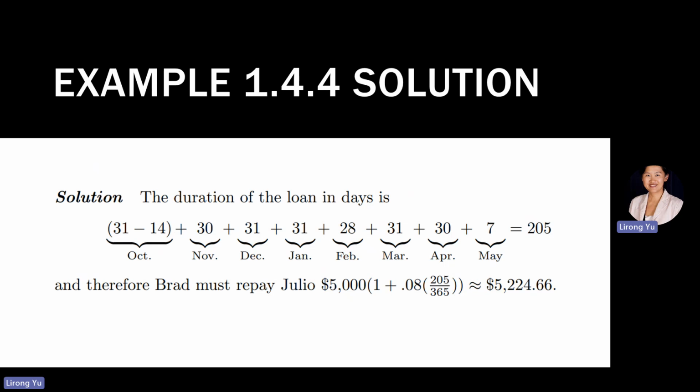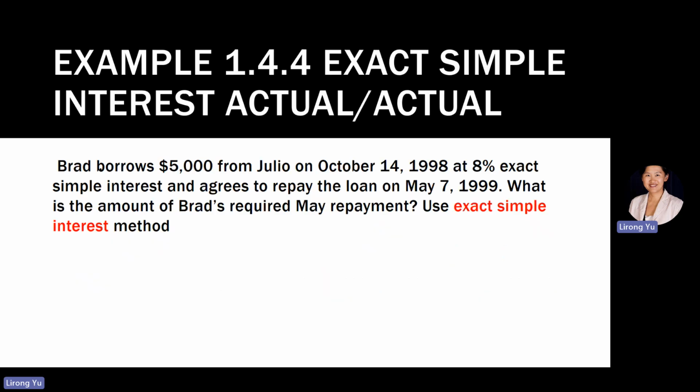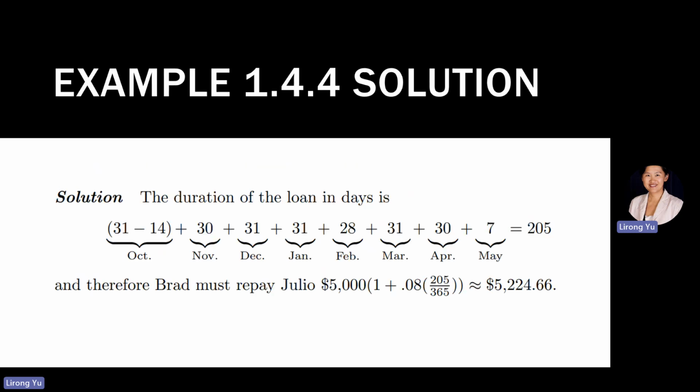A whole year has 365. So 205 over 365 is what is being called actual: the actual days divided by the actual total number of days in the year. So 205 over 365 is how we model the time, the t.